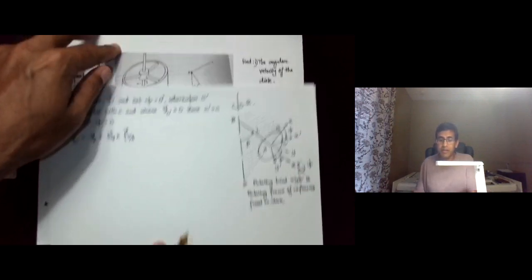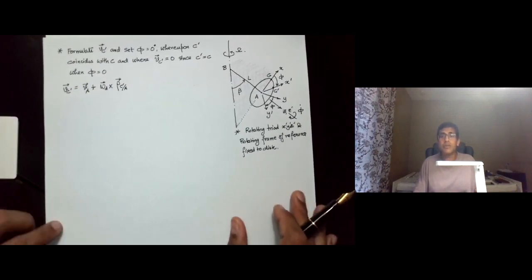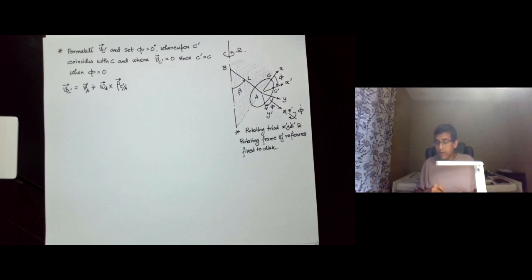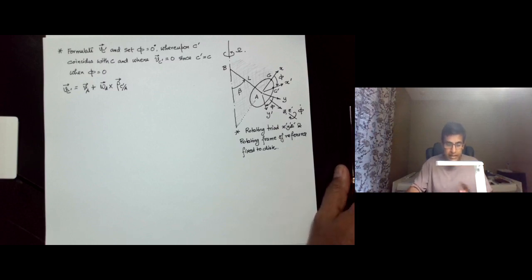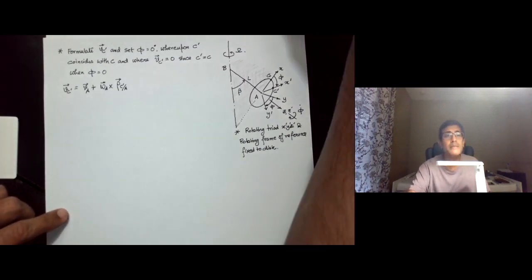Remember that if the rotating reference frame is fixed to a rigid body, then any 2 points on that same rigid body do not have any relative velocity in the rotating frame. That is why we have just 2 terms in the velocity expression. Now let us formulate each of these vectors one by one.